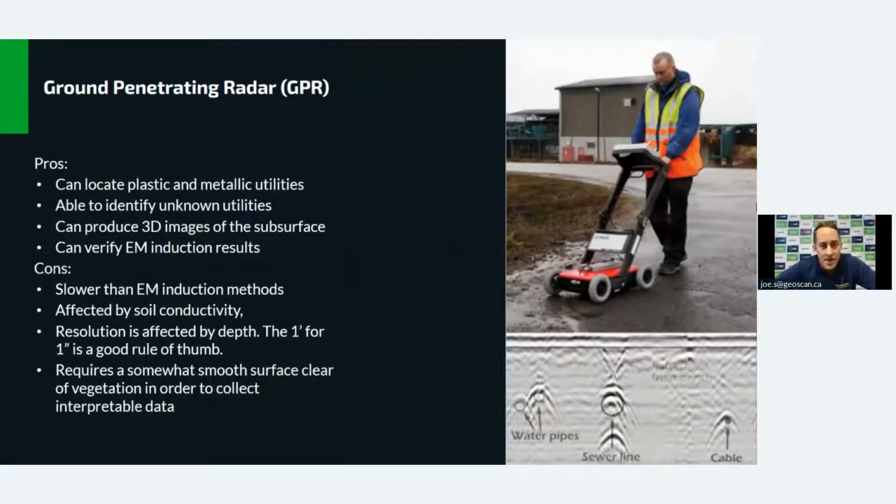So there are some advantages to ground penetrating radar. It's able to locate both plastic and metallic utilities. It's also able to identify unknown utilities. So that's an advantage over EM locating, where you have to physically clip on to the line to induce that current. You have to access that gas meter.